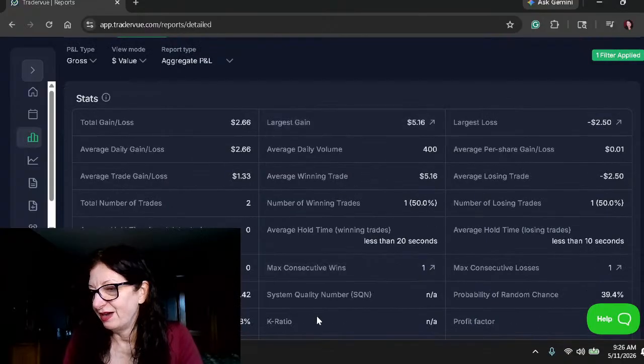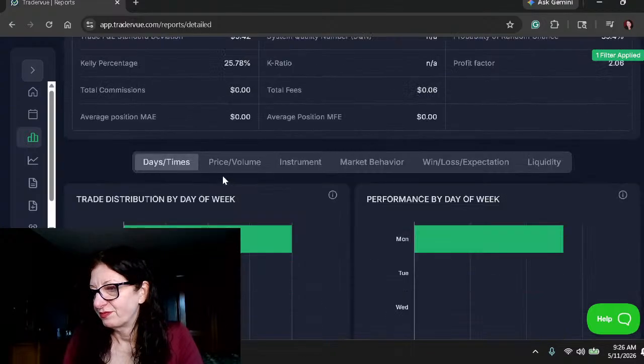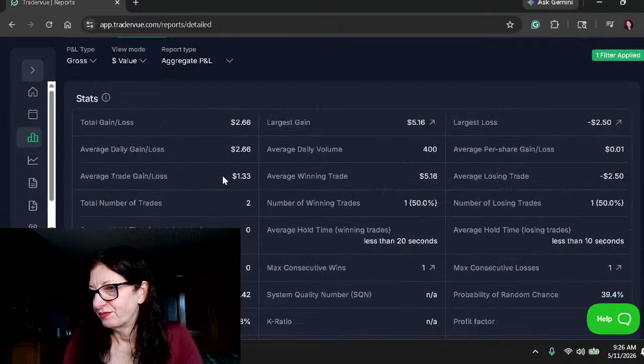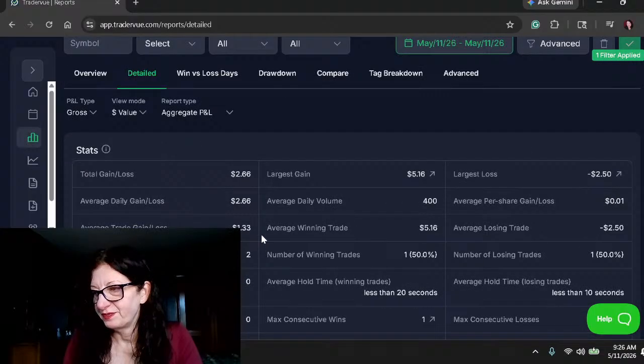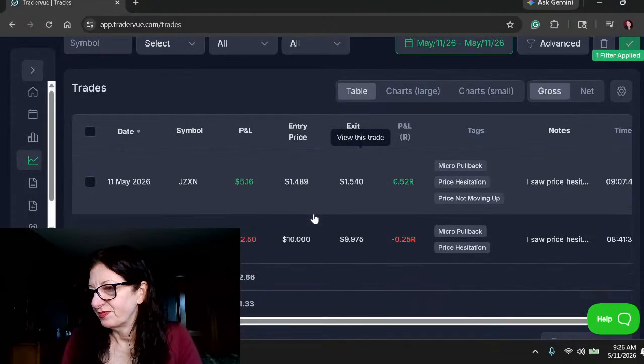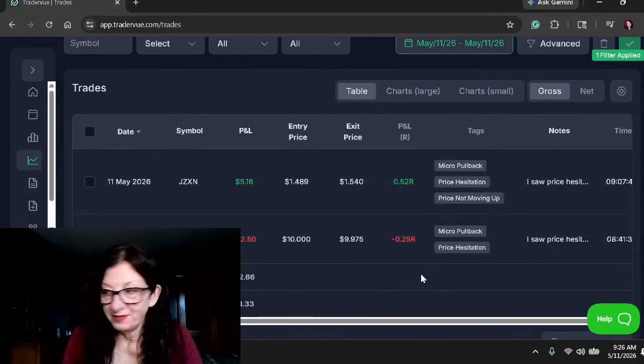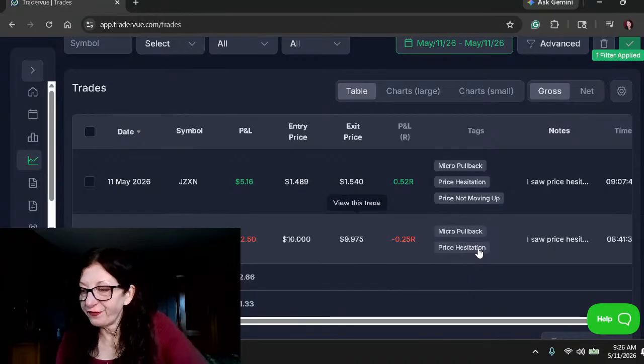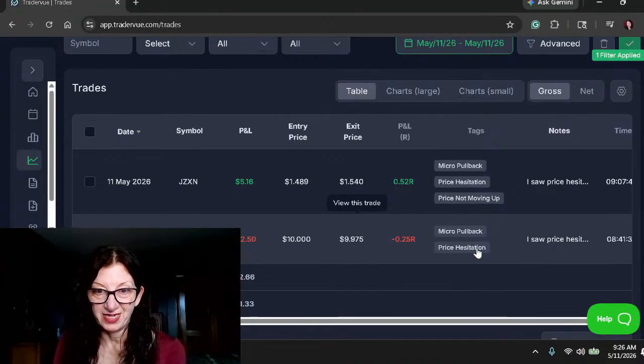All right. Yep. So that's good. And I followed my plan. All right. So with the first trade, I only saw one exit indicator.